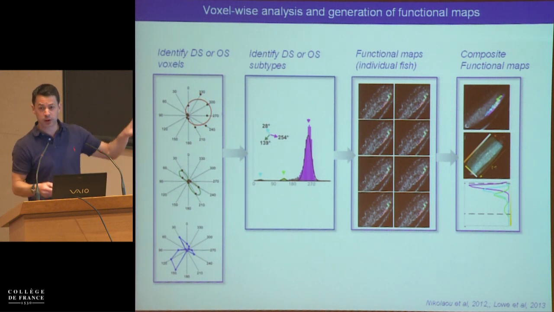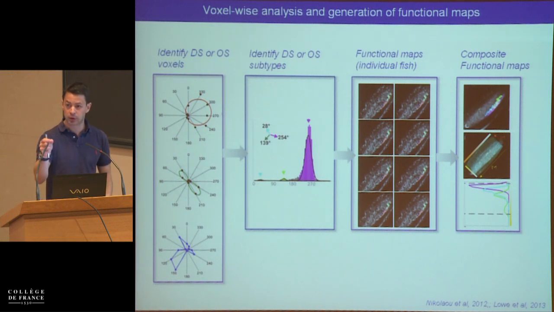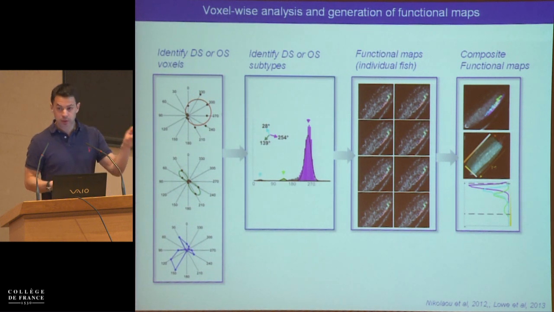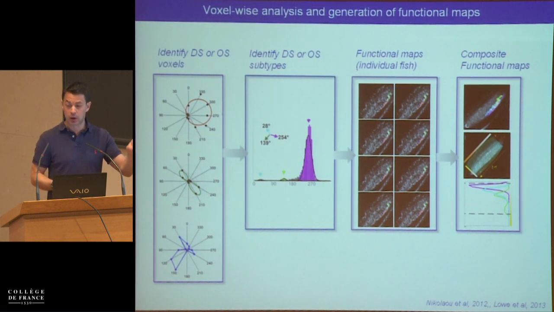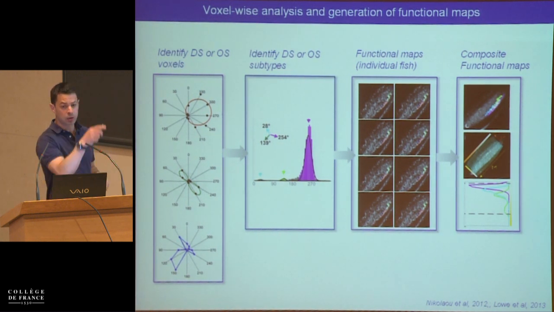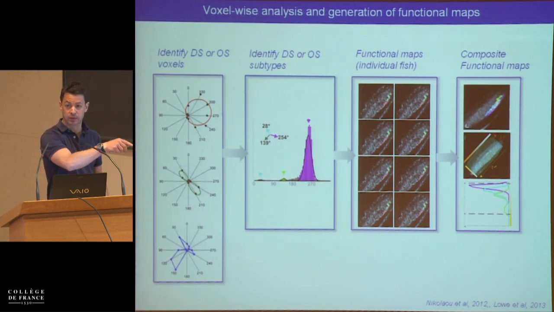So once we've identified a direction or orientation selective voxel, we then subdivide them into populations or subtypes according to their preferred direction or their preferred orientation. We use a number of different techniques to do that. But once we've identified our functional subtypes, we color code each voxel according to the subtype it belongs to, and then we superimpose that back onto a fluorescence image of the fish that it came from.